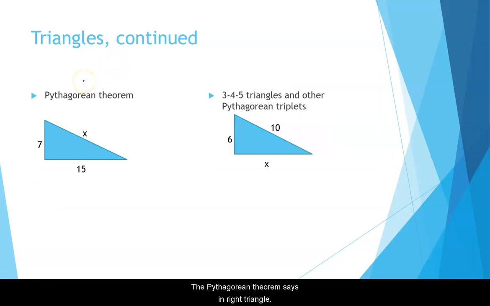The Pythagorean theorem says that in the right triangle, and this is supposed to have a little right angle mark right there, in a 90-degree or right triangle, the sum of the squares of the side lengths equals the square of the hypotenuse.